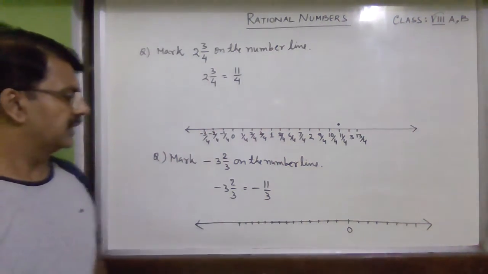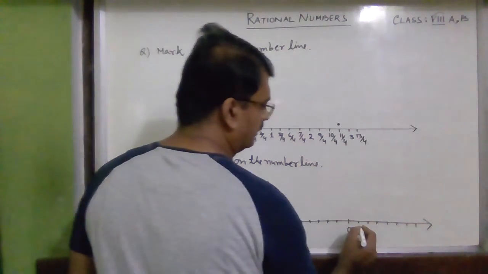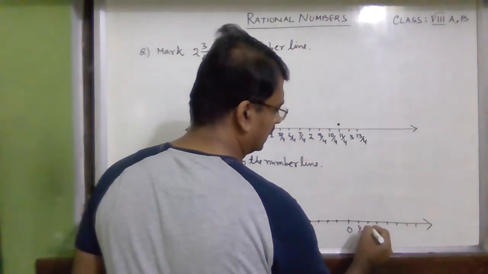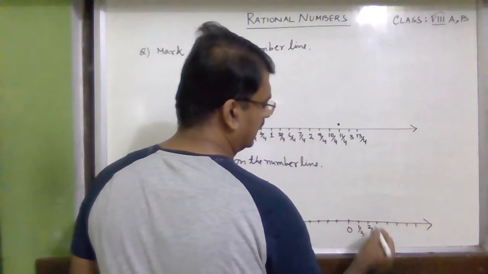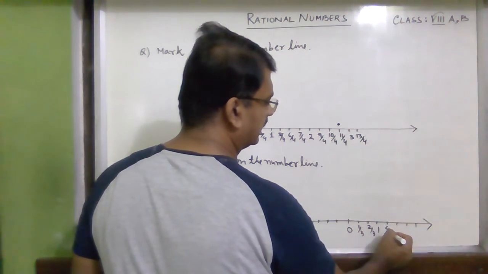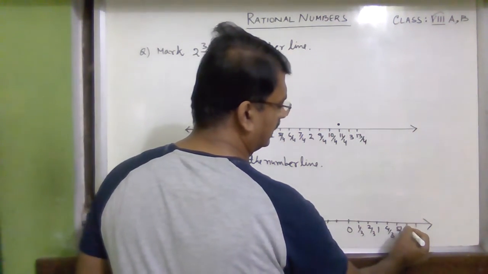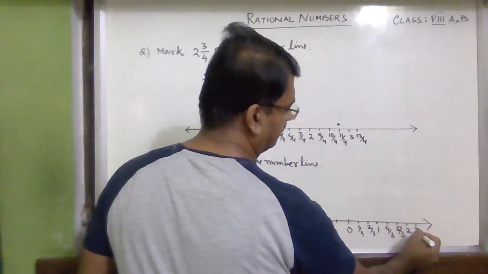Like this. Now as there is a 3 in the denominator, this will be 1 upon 3, 2 upon 3, in place of 3 upon 3 you write down 1, then 4 by 3, then 5 by 3, then in place of 6 by 3 you write down 2, and then 7 by 3.